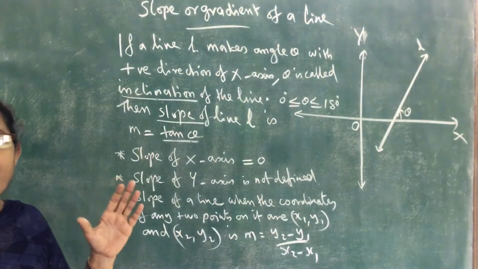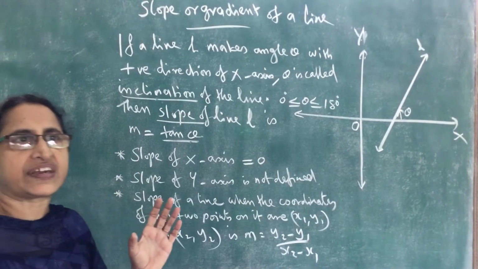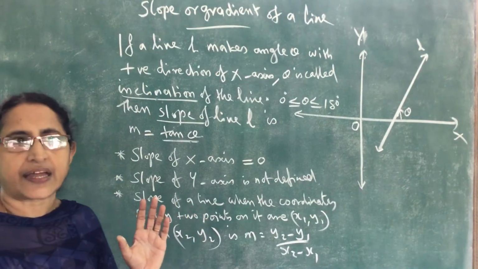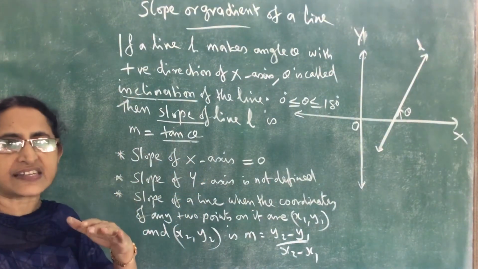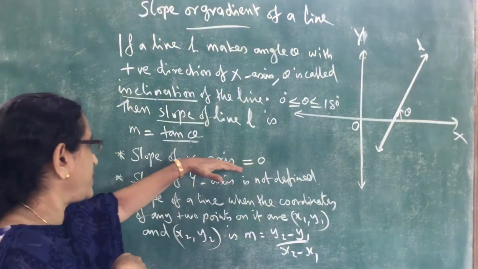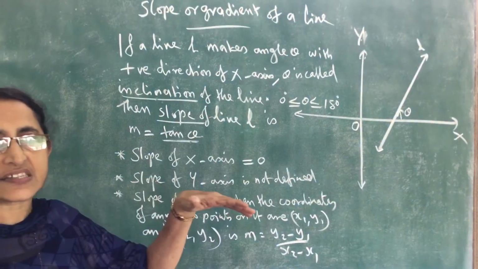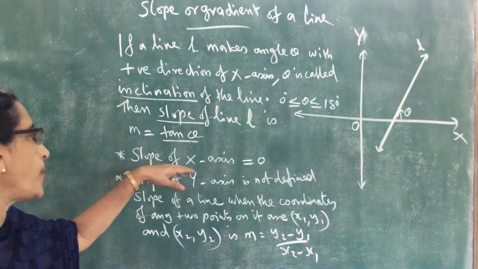Now what is the slope of the x-axis? If you know the angle theta, we can write slope m equal to tan theta. In the case of the x-axis, what is the angle which the x-axis makes with the x-axis? That is 0. So the slope of the x-axis or of any line parallel to the x-axis will be 0.